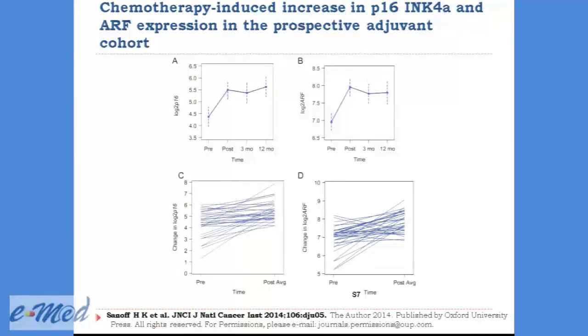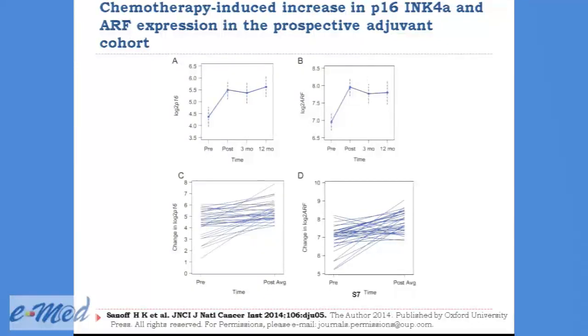There are several typical proteins that are elevated and upregulated during the senescence process. The typical ones are, for example, P16, INK4A, and ARF, which represent DNA damage during the senescence process.